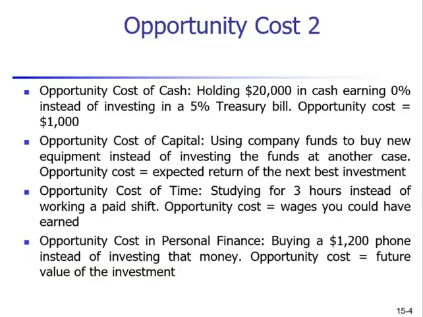It is one choice, and another choice that you have is investing in a 5% treasury bill. You can discuss many reasons why some person wants to put $20,000 in cash in the checking account, at least for 1 year.